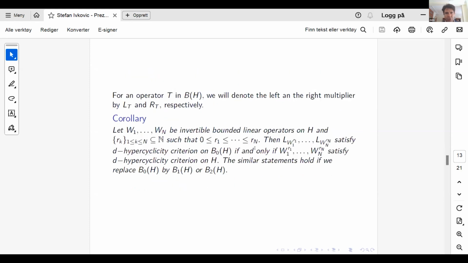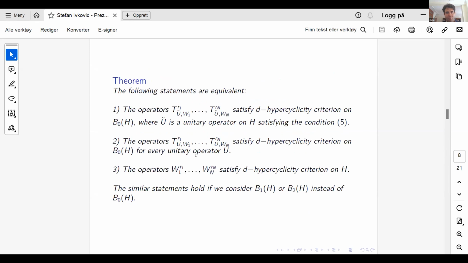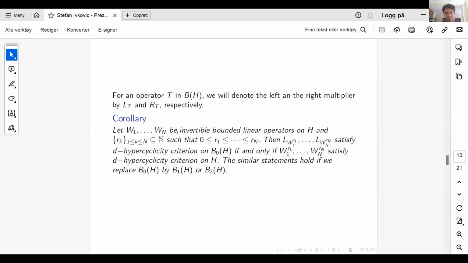And I shall end my talk with an application to the left and right multipliers. This is the last result, actually. So you can guess from this theorem here that since we consider every unitary operator U, then naturally we can also consider the identity operator, and then the situation reduces to left multipliers.